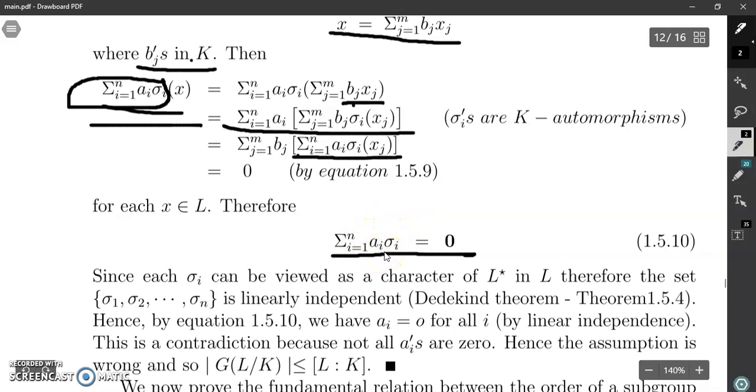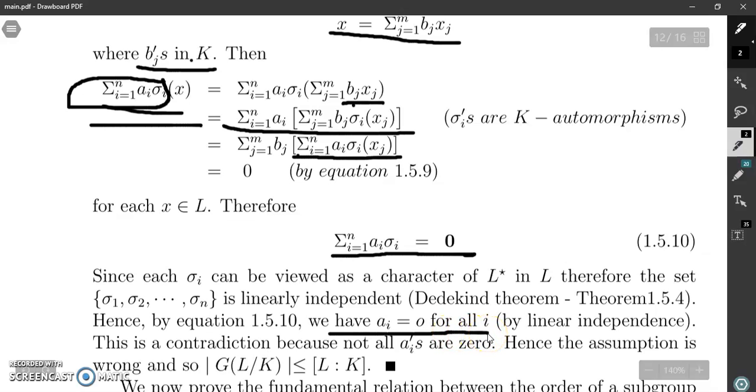Why? Because this follows from the definition of linear independence. If any combination is 0, then all the coefficients will be 0. So by the definition of a linearly independent set, all the coefficients ai will be 0.